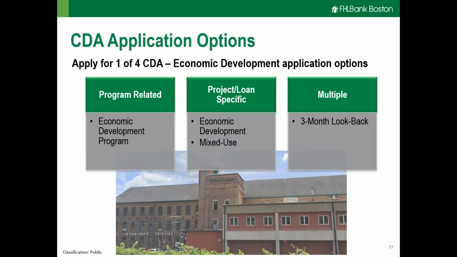I'm going to transition to the CDA side of the program, but I wanted to take the time to pause just to make sure that everyone is appreciating how the CDA Extra side of the program works. Without putting the screens up, I'm just going to refresh your memory in that CDA Extra is designed to support residential activity primarily.